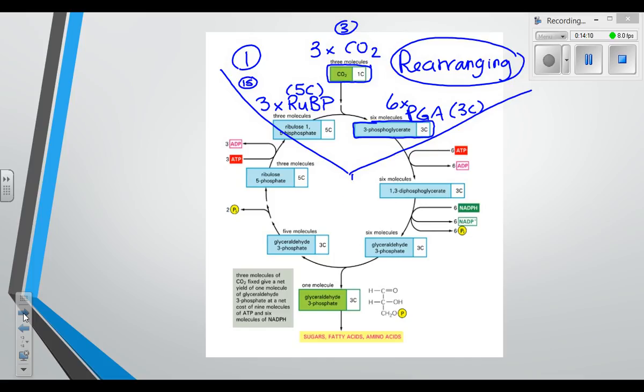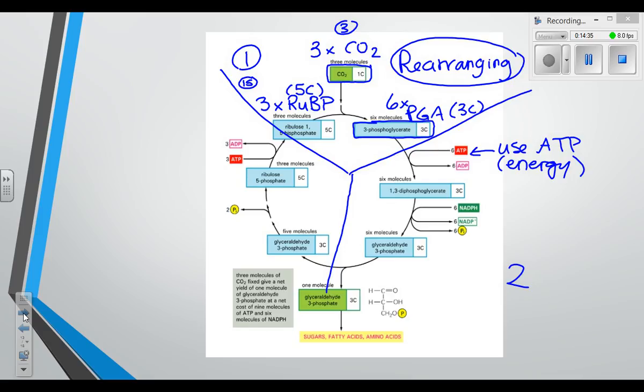The second part, in your textbook, the second part of the picture shows how we get from that molecule, PGA, to something that could give me glucose. First, you'll see that I use ATP. In other words, I'm going to get some energy.